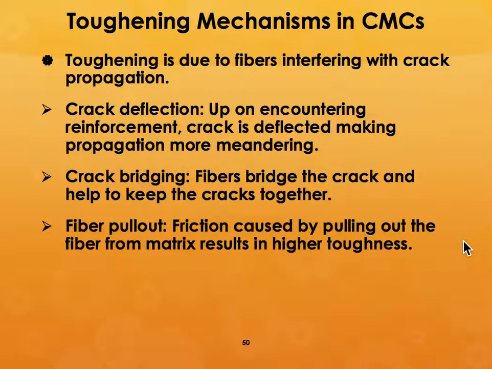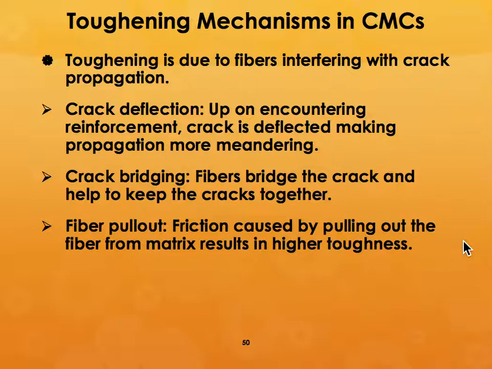To continue from the previous section, there are four basic ways in which you can toughen a ceramic by adding fibers. So the first method is by having the fibers interfere with the crack propagation. Suppose you have a crack passing through the middle of a block of material.